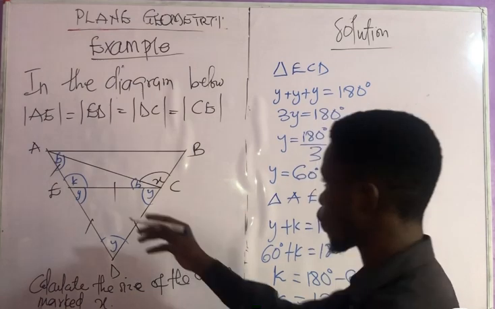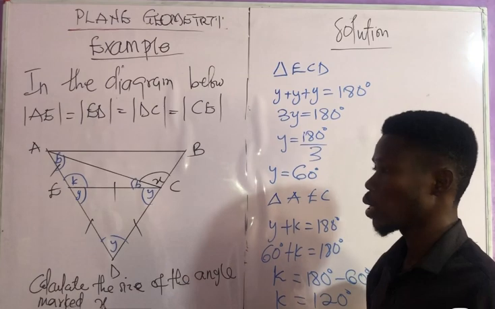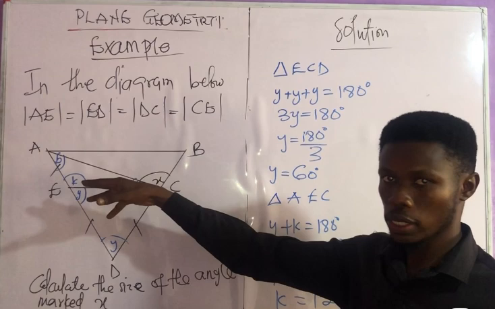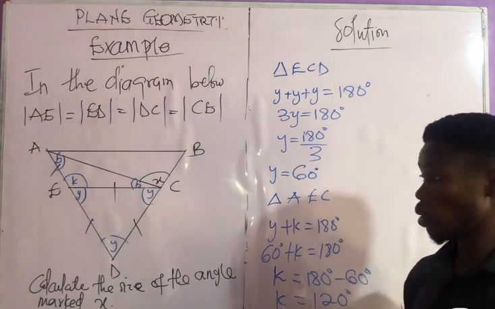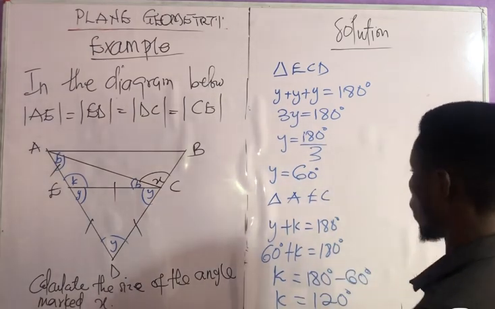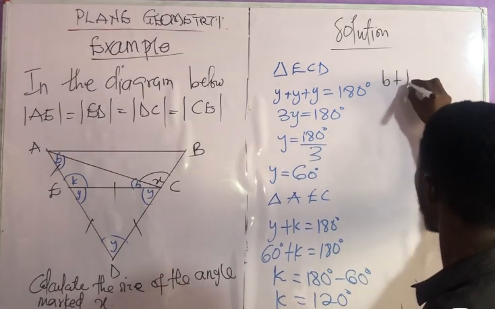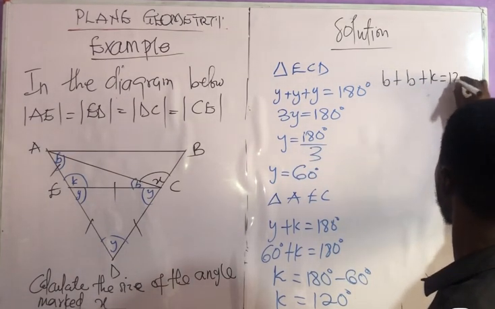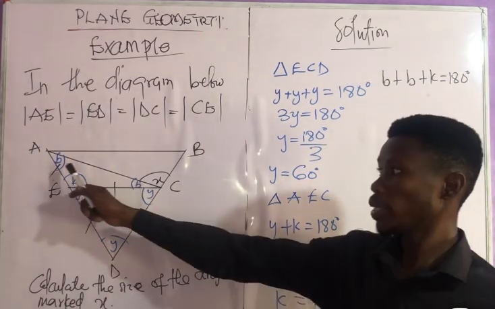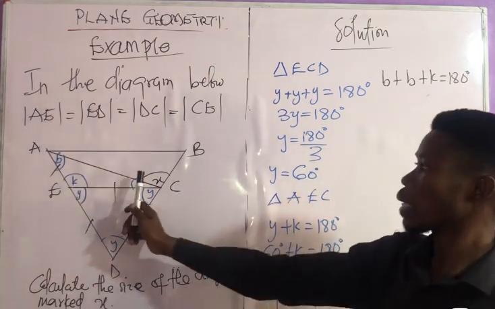So now through that you can find the value of B, because 1, 2, 3 is also what? Interior angles in a triangle, and we are saying that interior angles of a triangle sum up to what? 180. So let me use black pen, so I can take B plus B plus K equals 180 degrees. I'm quite sure you know the reason why I brought the B and B here. Because this triangle AEC is an isosceles triangle.